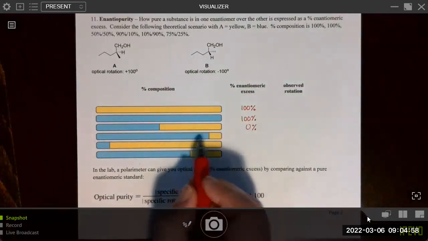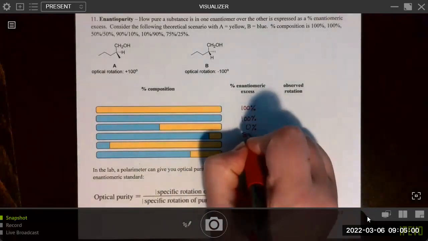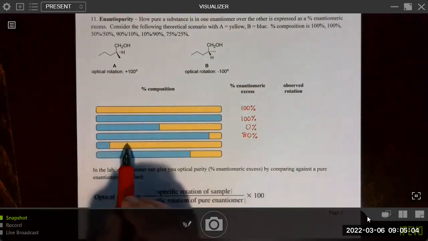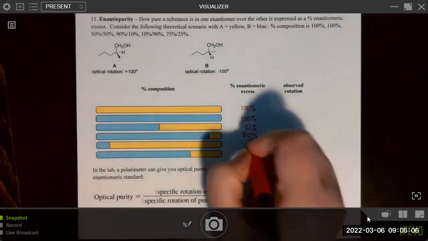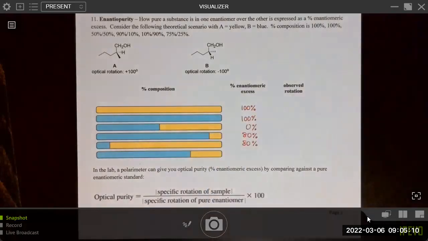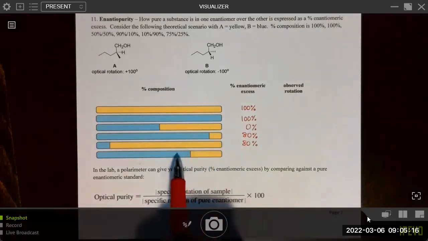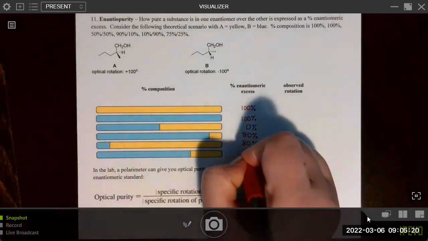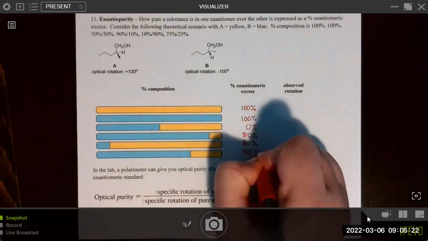So we would take 90, subtract 10, and we would get 80%. Take the other 90 and subtract 10, and we get 80%. So we just take the larger number, subtract the smaller number to get the percent EE. And 75-25 is what I said for this one. So 75 minus 25 is 50% EE.